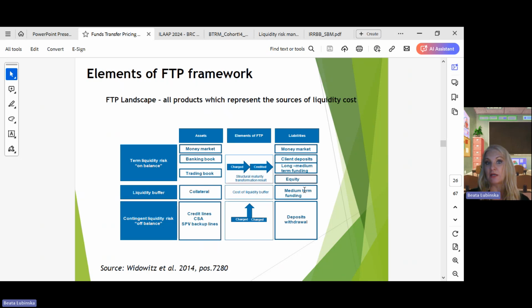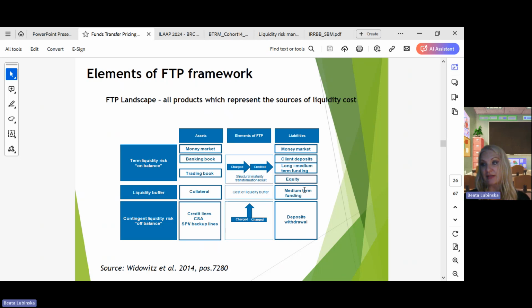Are we funding through deposits, retail deposits? Do we have access to the capital market? Do we fund our balance sheet also through the capital market? And if so, this will be reflected in the FTP curve construct. So again, a very tailor-made exercise, and we will go through the FTP curve construct in detail.